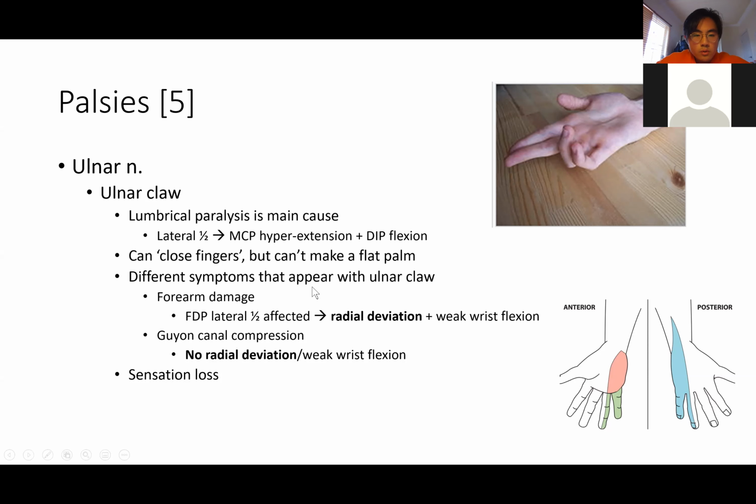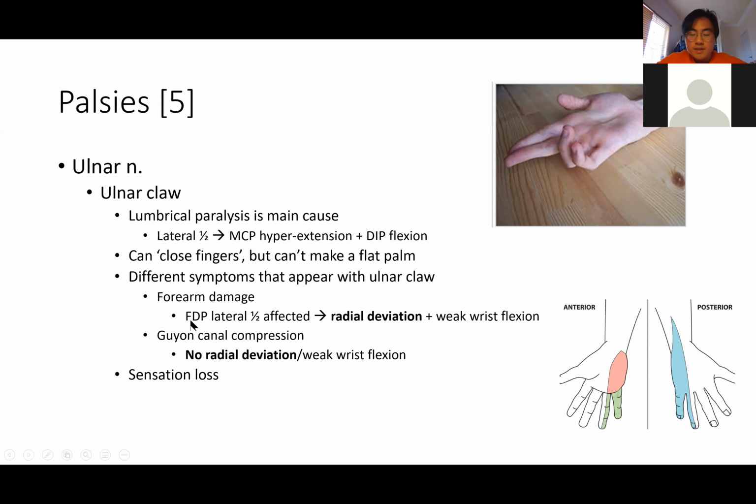Now, ulnar claw will have different associated symptoms depending on where you damage your ulnar nerve. So if you damage your ulnar nerve in the forearm, you're going to get radial deviation along with ulnar claw. Now let's think about why that's the case.